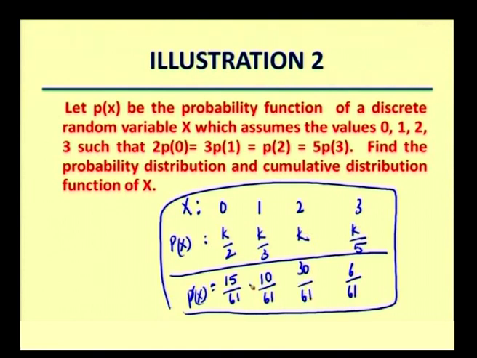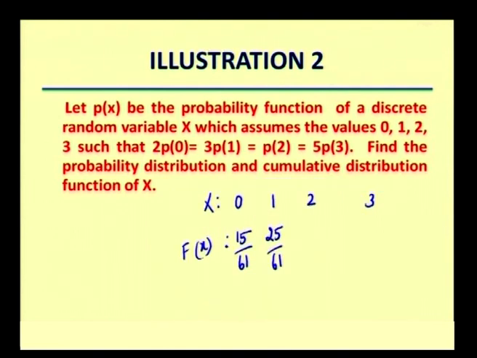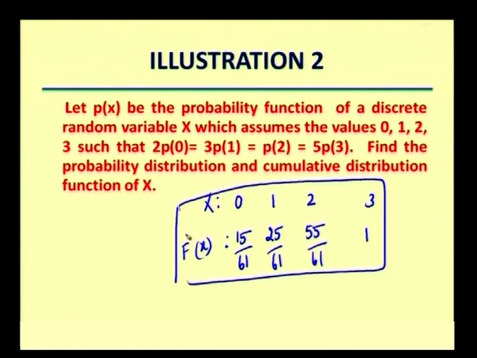When you add 30 by 61 plus 25 by 61, you have 55 by 61 and the last one 61 by 61, which is 1. This is your cumulative distribution function of x, CDF of x. Hence, we have found out the probability distribution and cumulative distribution function of x.